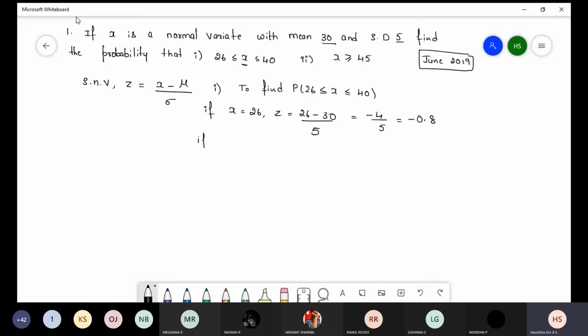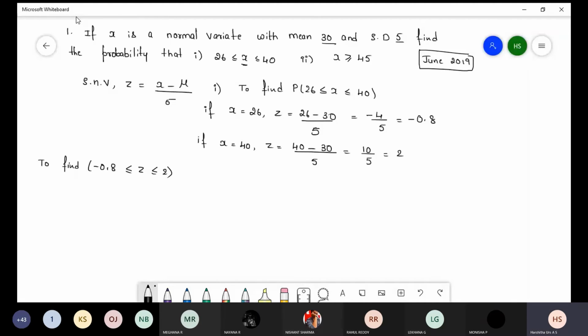Same thing if X is equal to 40, Z is equal to 40 minus 30 divided by 5, which is 10 by 5, that is equal to 2. Now in terms of Z we have to write minus 0.8 less than or equal to Z less than or equal to 2.